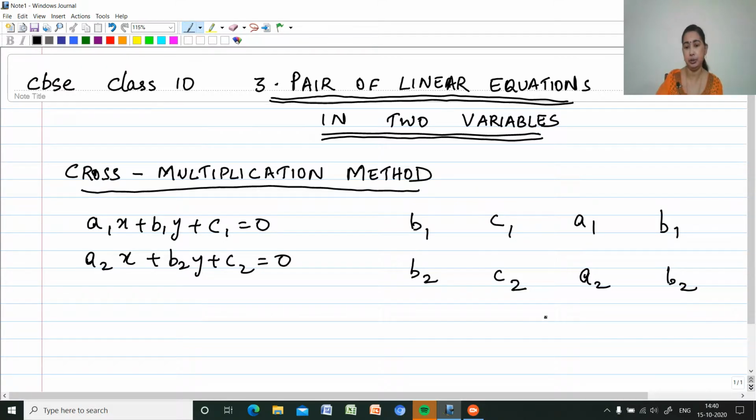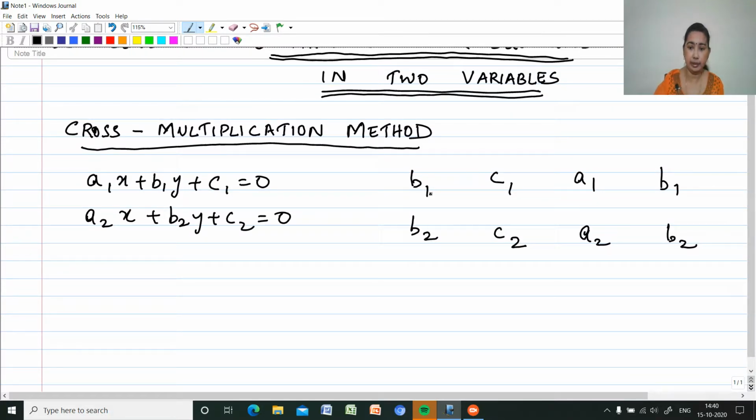Now we move on to cross multiplication. Here we multiply B1 with C2 and B2 with C1.